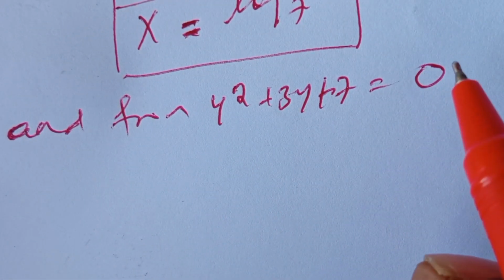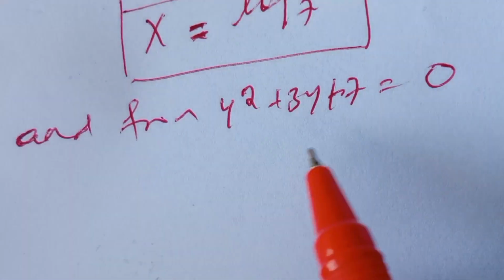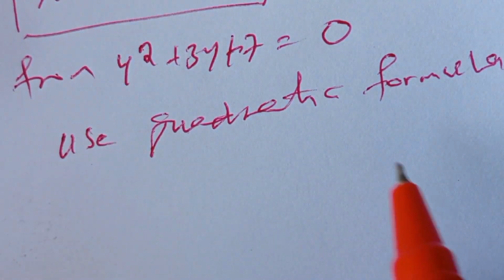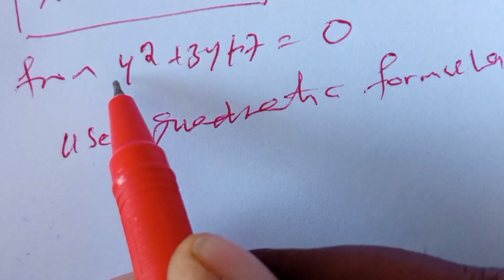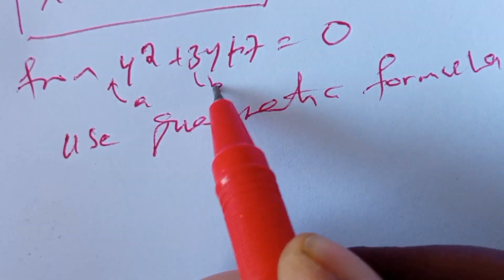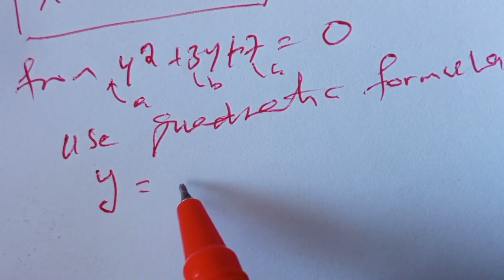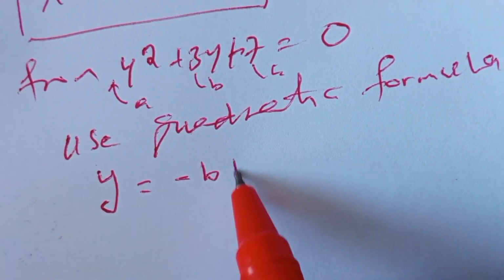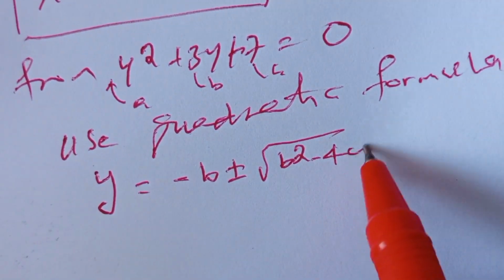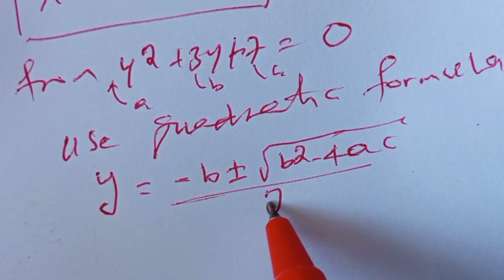And from y squared plus 3y plus 7 is equal to 0, solve for y using the quadratic formula, where here is a, here is b, here is c. So y is equal to minus b plus or minus the square root of b squared minus 4ac, over 2a.